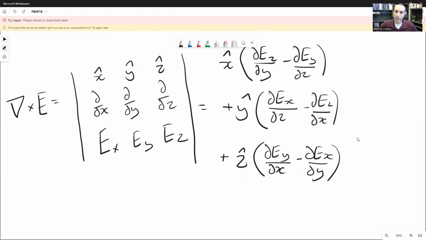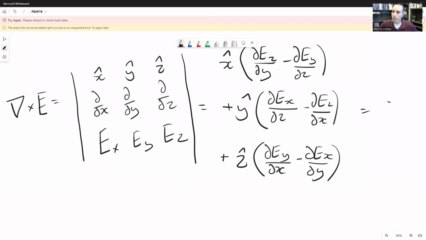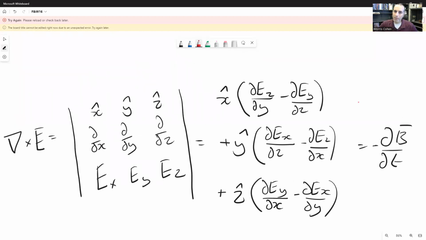And now we're setting that whole thing equal to negative dB/dt. So what we can say is that this is actually three equations relating each of the three components of negative dB/dt.